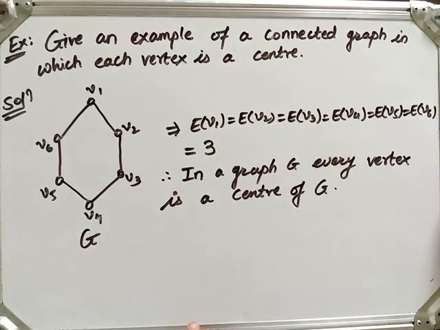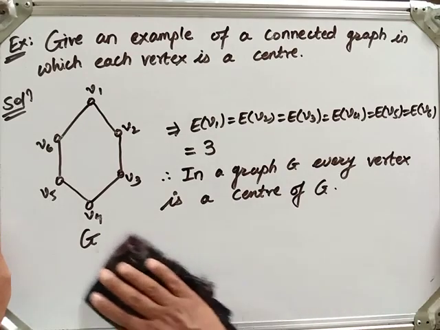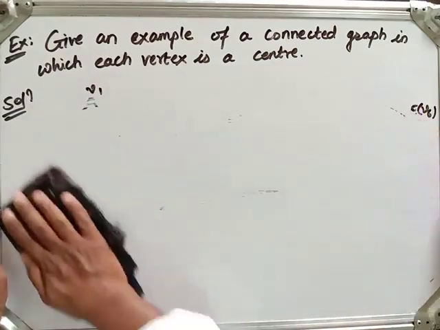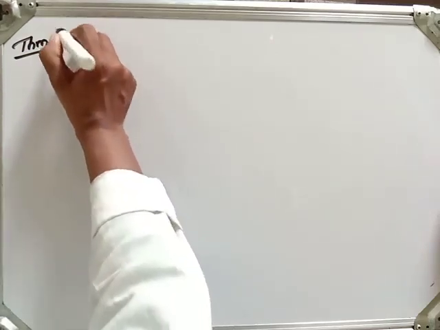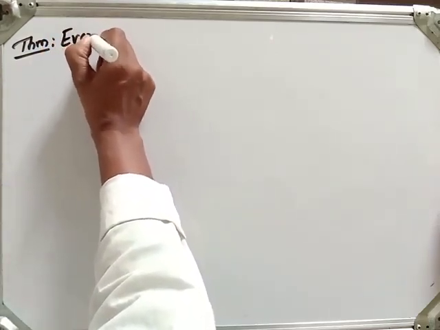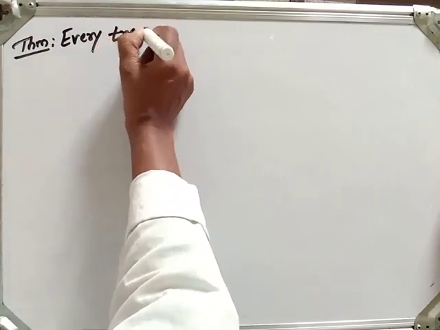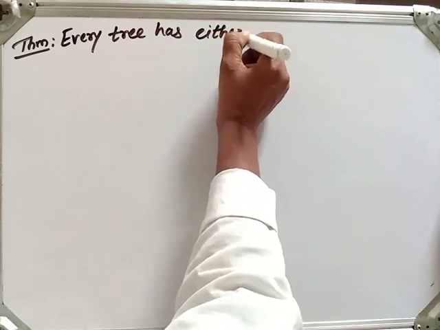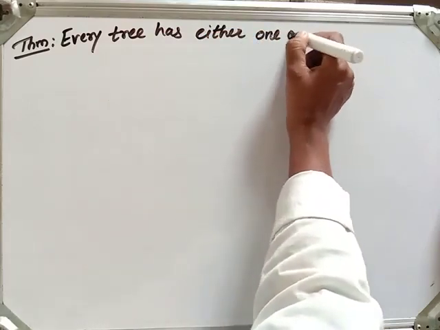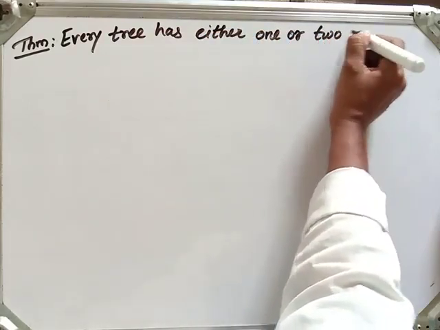Right? Now let's take one theorem here. It is about the number of centers in a tree. The theorem says every tree has either one or two centers.